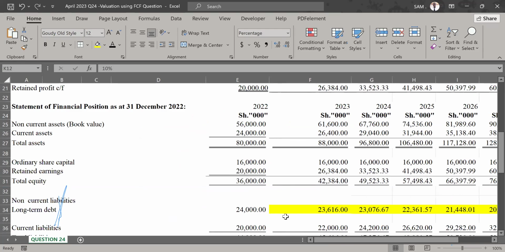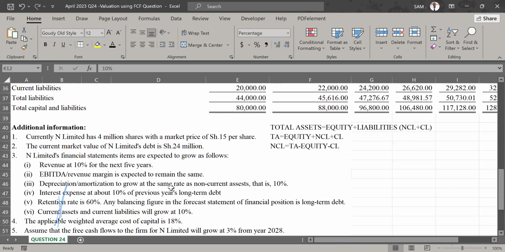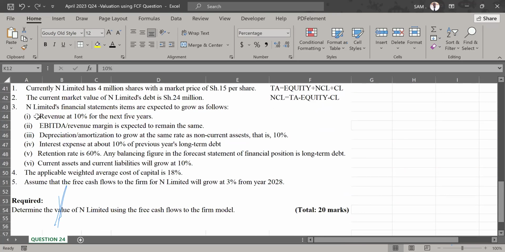Then the next correction which we did was in note number 3, Roman 4, where the interest expense is about 10% of previous year's long-term debt. There was a section which was added, which will grow at 20%. The correction advised that you do away with that part.